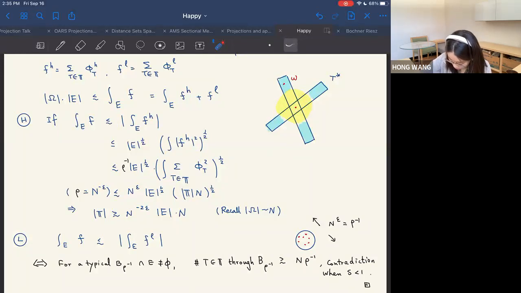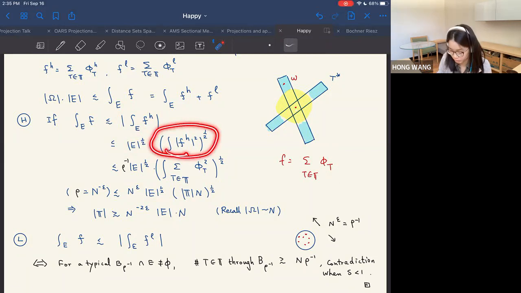So recall that F is the sum over those tubes, phi t. If the high frequency part dominates, then by Cauchy-Schwarz it is bounded by the volume of E to the 1/2 times the L2 norm of the high frequency part.